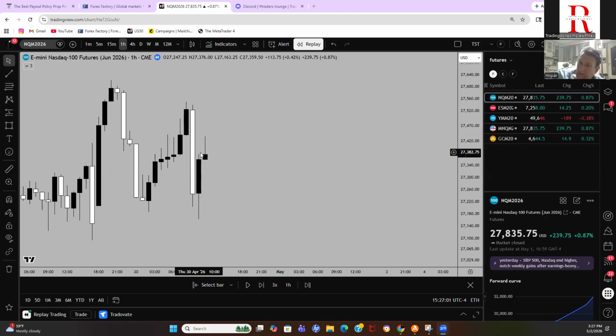So again, in terms of an imbalance, an imbalance is a three candlestick pattern. If it's a bearish imbalance, price has to trade above the third candle's high. If it's a bullish imbalance, price has to trade below the third candle's low.